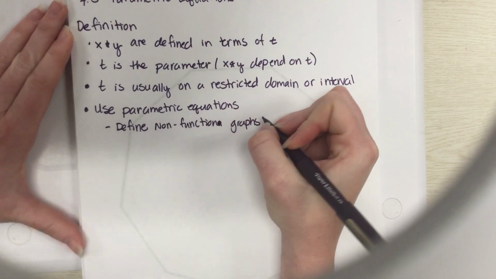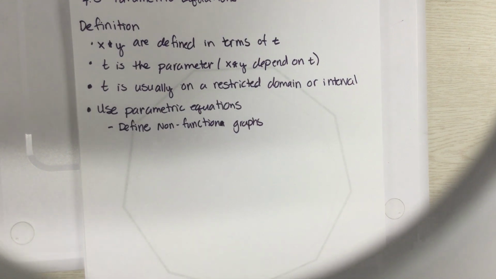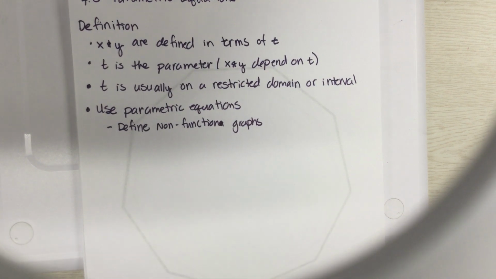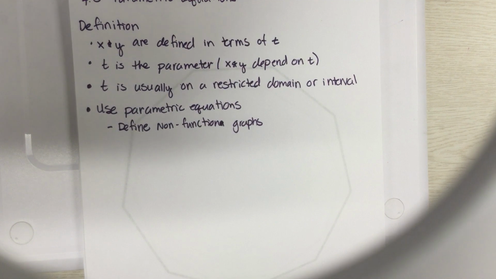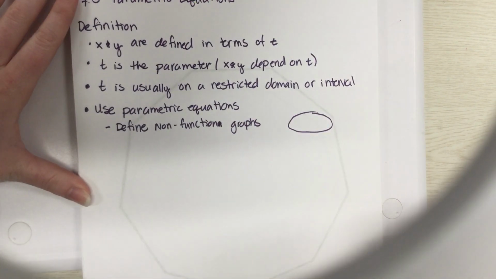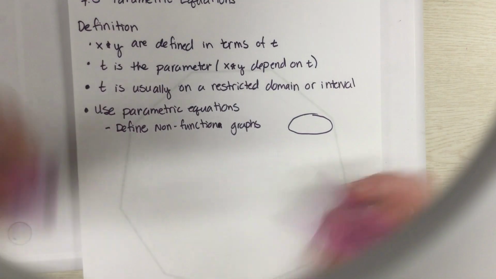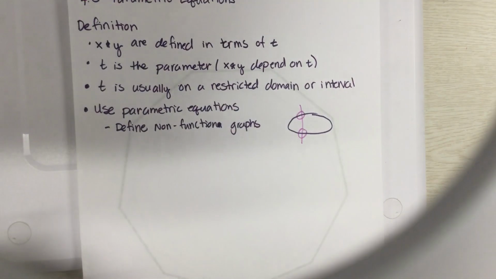Hopefully you've noticed that besides some of the parabolas, every other conic section is not a function. A function passes the vertical line test, meaning every input has exactly one output. If I were to draw a circle, or an oval, sorry, that's an oval, and I did my vertical line test, that definitely does not pass. Same thing with a circle.